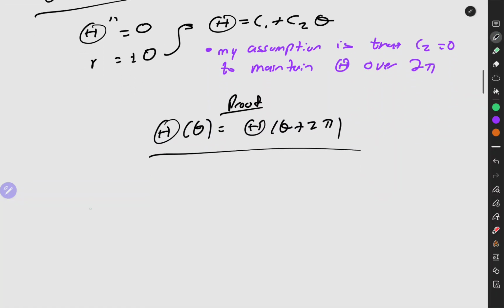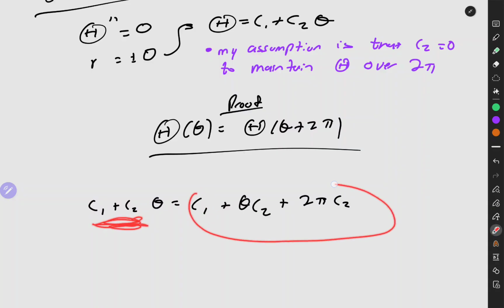So that's C1 plus C2 theta is equal to C1 plus C2 theta plus 2 pi C2. I'll call this theta C2. So let's look at this. How can this here technically be equal to this here?